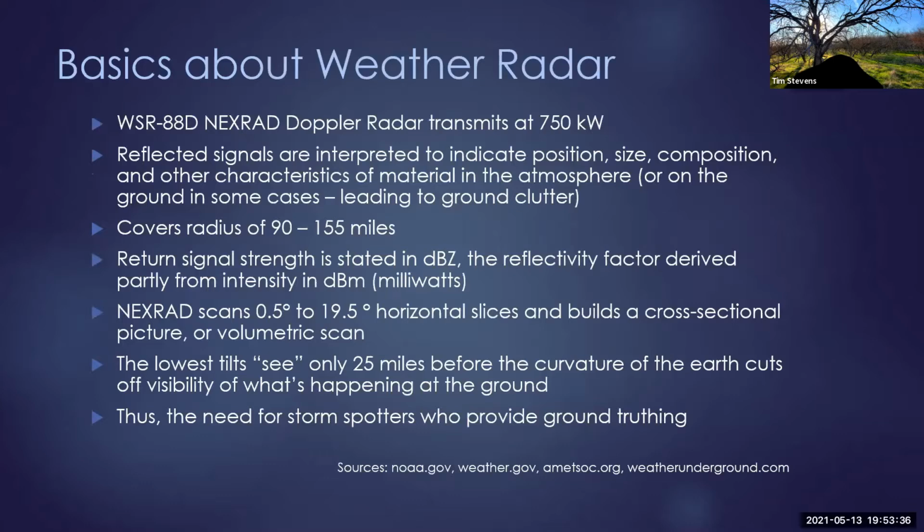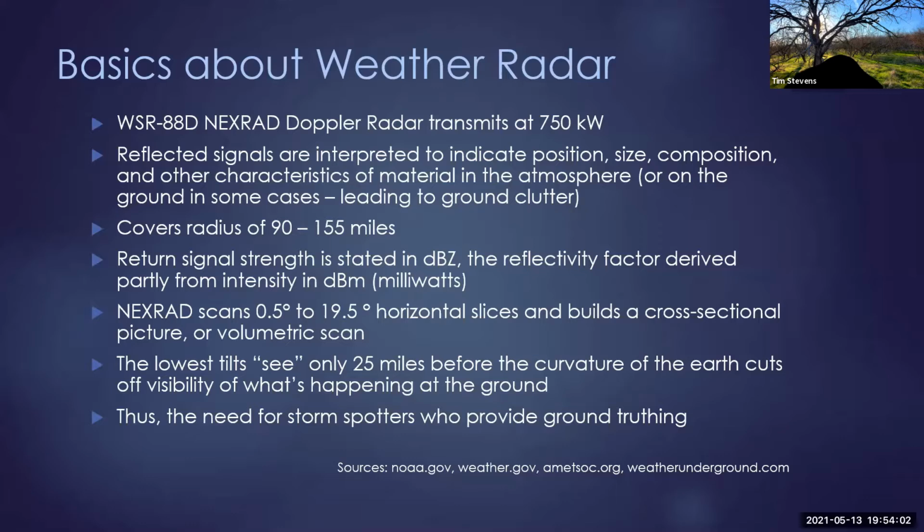Moving on, some very basic information about radar. The WSR, or Weather Surveillance Radar 88D network, was deployed in 1988, and it transmits with a power of 750,000 watts. Do we have any radio envy in the room? Reflecting signals are interpreted to indicate position, size, composition, and other characteristics of material in the air.